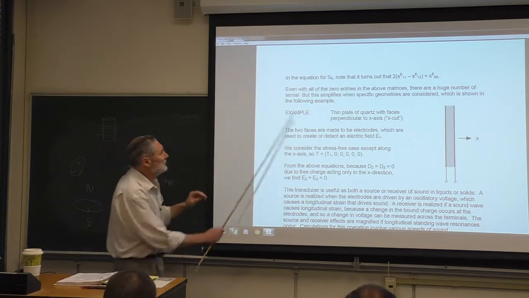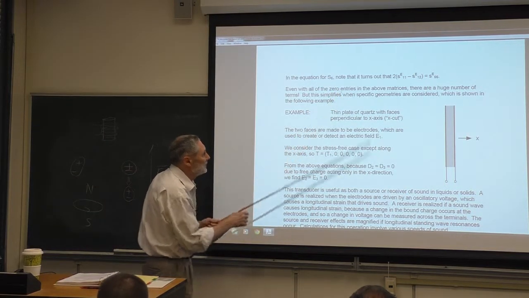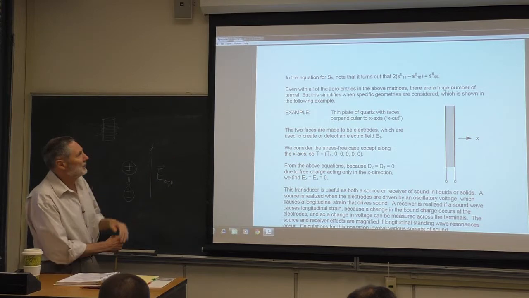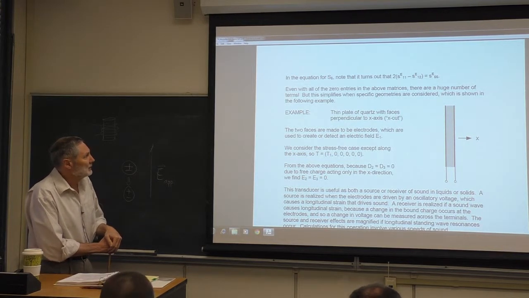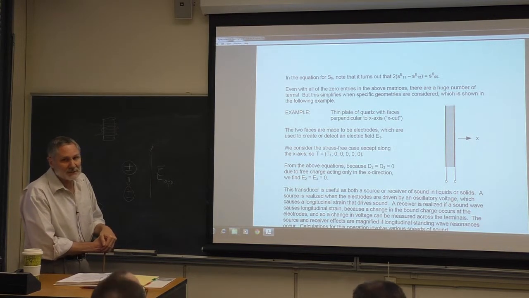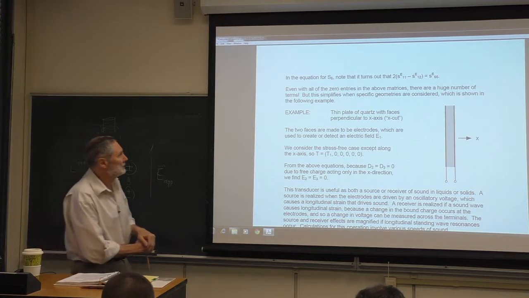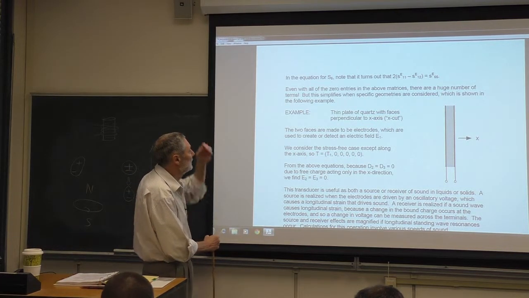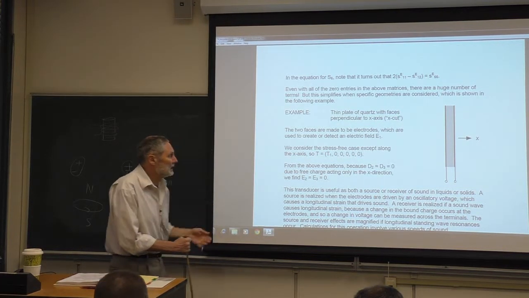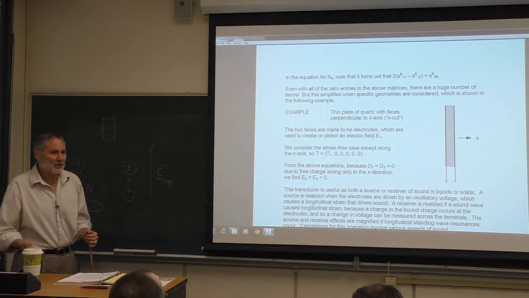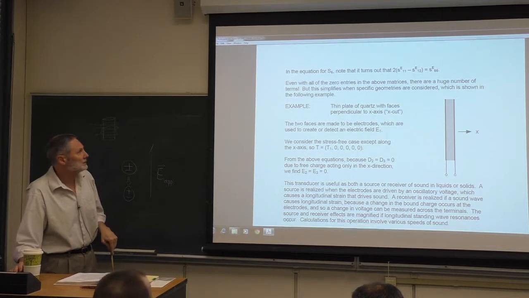Okay, so as I said earlier, even though we have a lot of zeros in those individual matrices, when you write all the equations, it's huge. It's just unmanageable. So the natural thing to do here is to look at specific geometry. We're going to look at an example of this.